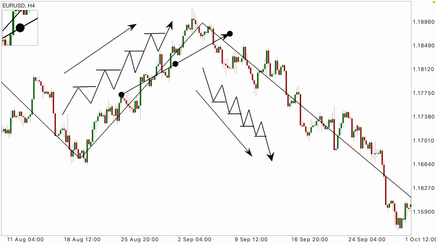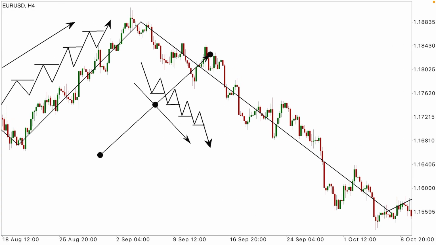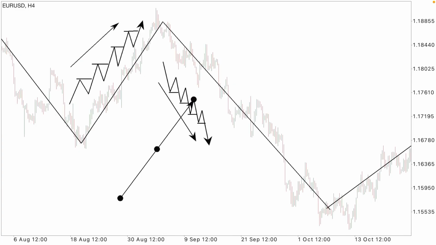But in a higher time frame, this is just one impulsive sell-off. All right, but there is a structure. This is called a structure within a structure.